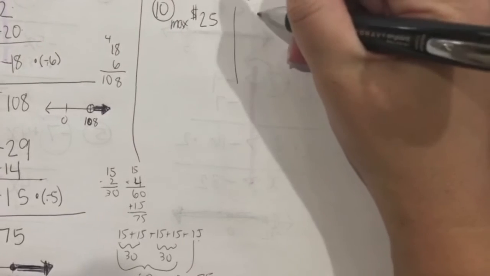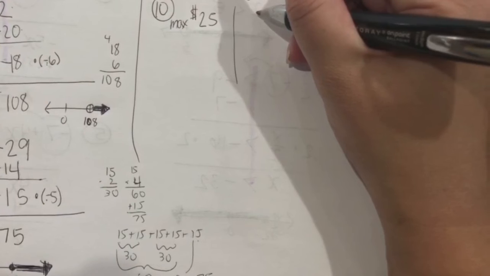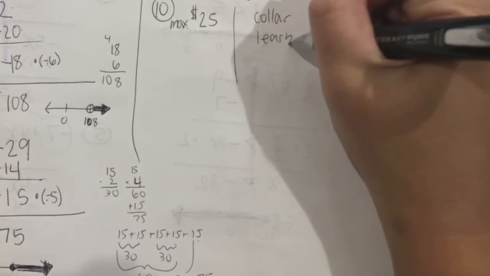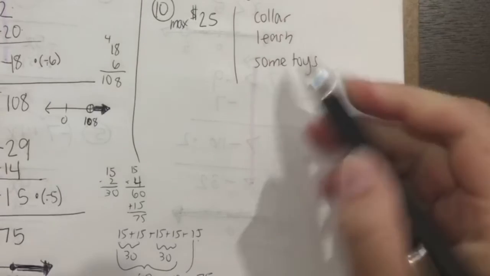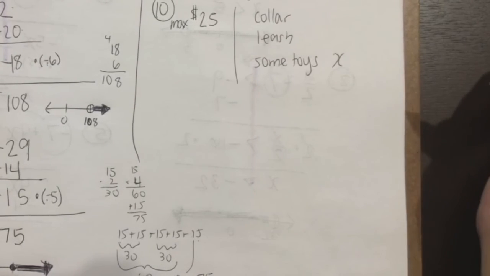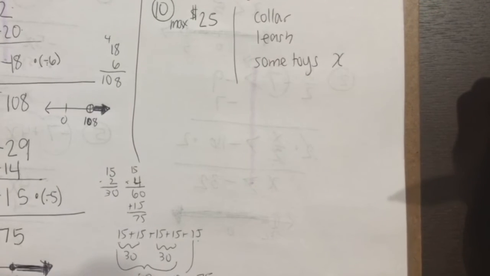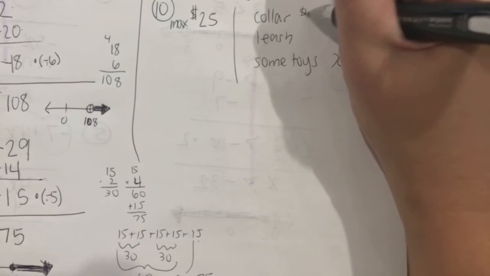And then on the other side, we're going to have, let's see, a collar, a leash, and some toys. This tells me right now the sum toys is going to be our variable here, right? Because we don't know how many toys. One collar, one leash, and then a certain number of toys. The collar she has chosen is $6.